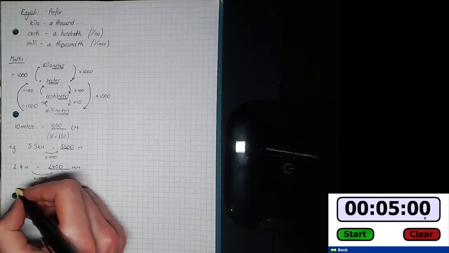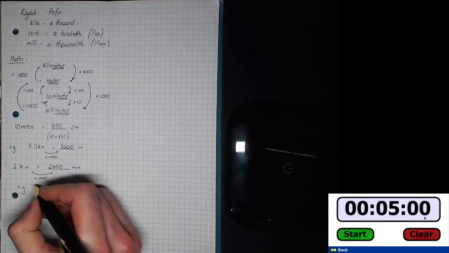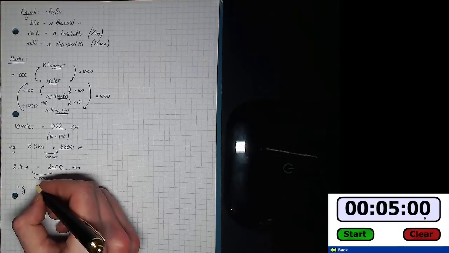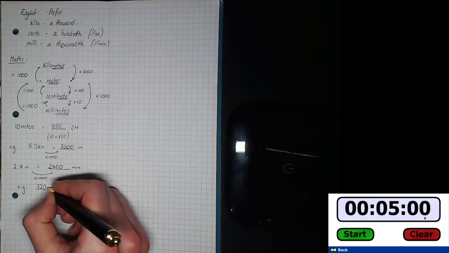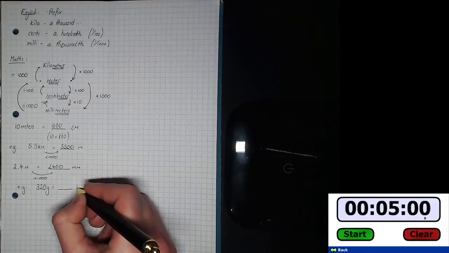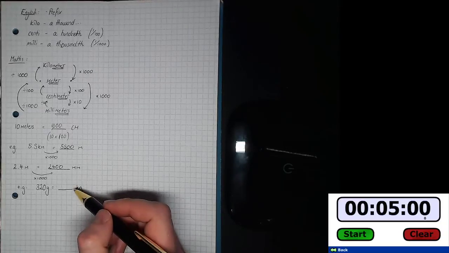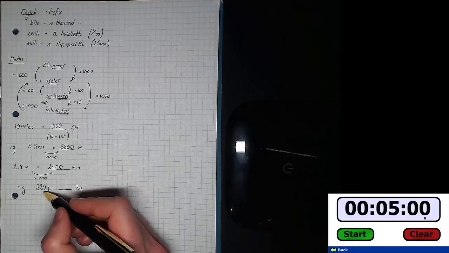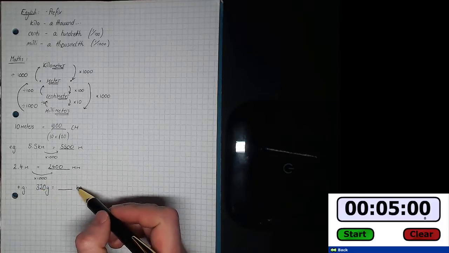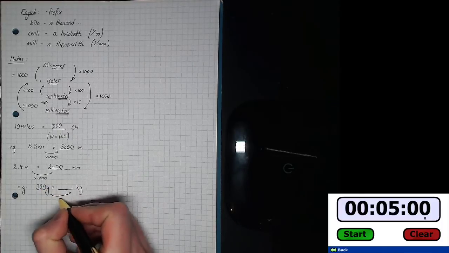So if we were to suddenly say, I want you to change 320 grams into kilograms. Well, kilo is 1,000 grams, so to go from grams to kilograms, I would have to divide by 1,000.